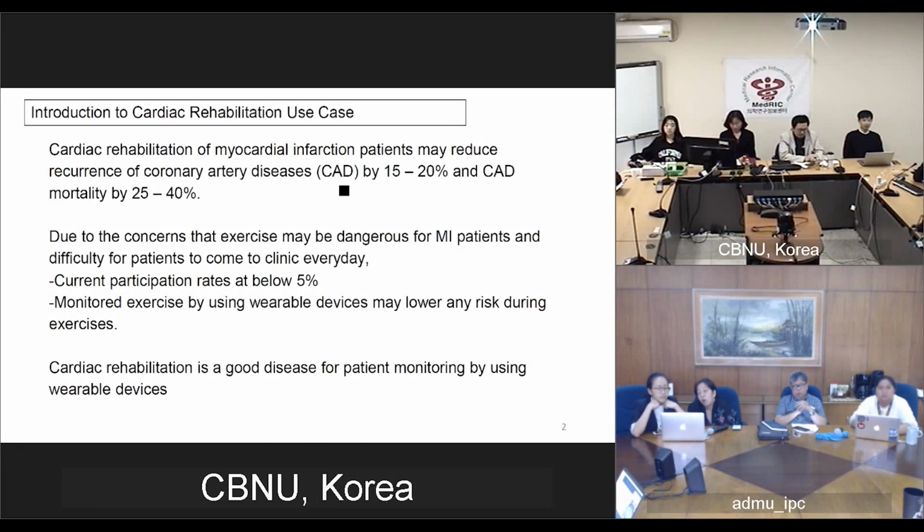However, if the exercise can be monitored with the help of wearable devices, the patients can safely exercise at home instead of coming to the hospital, which can increase the participation rate and benefit more MI patients. So cardiac rehabilitation is a good disease model for patient monitoring by using wearable devices.